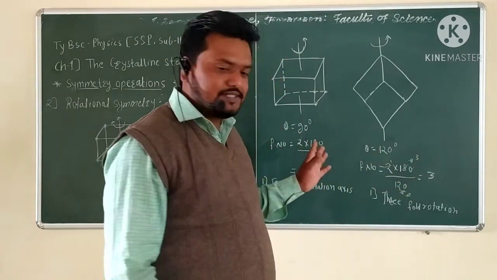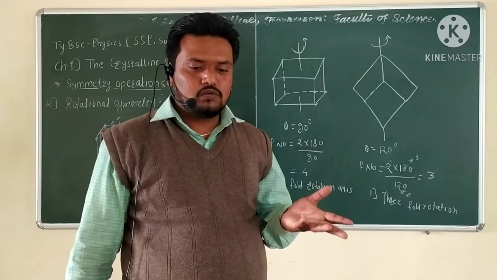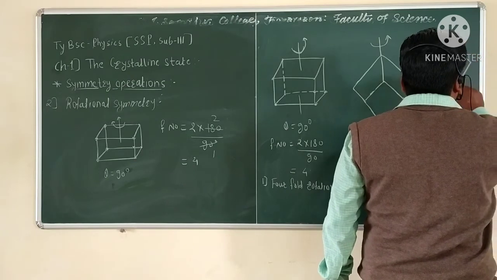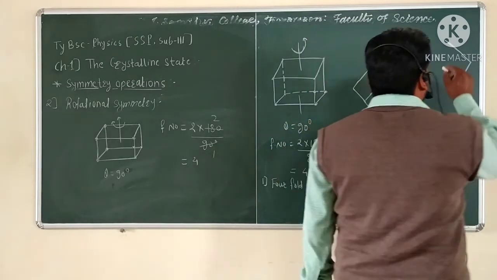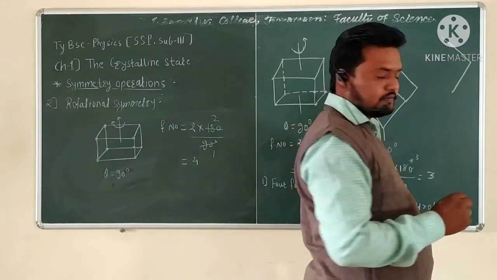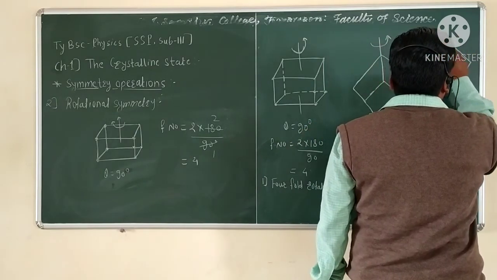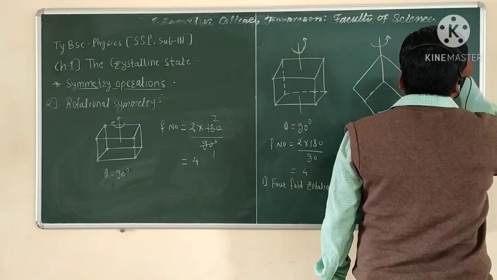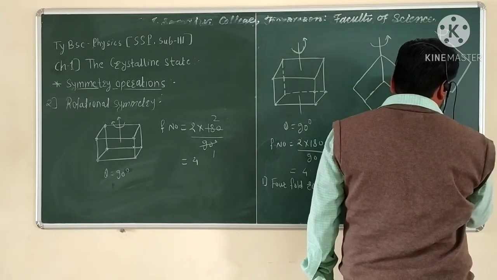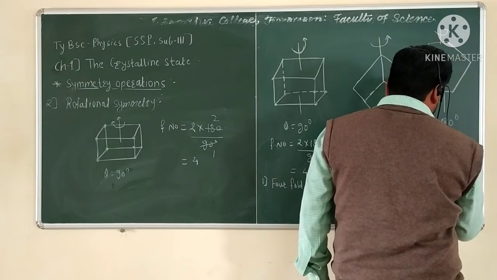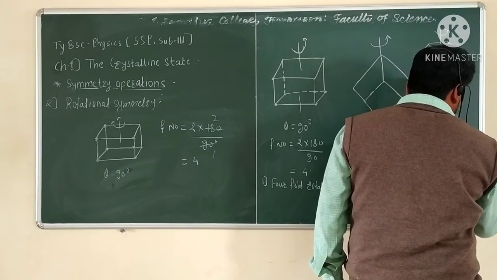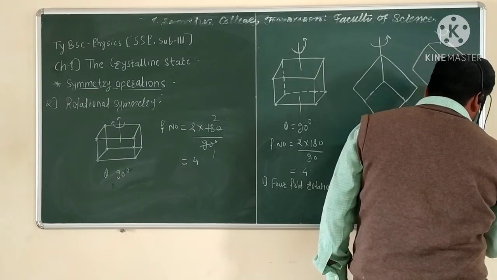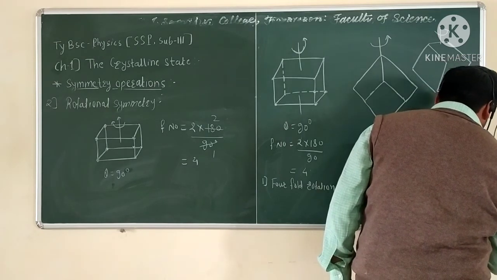And if we see this cube rotated by 180 degrees, that theta is equal to 180 degrees. So the fold number is given by 2 into 180 divided by 180, which is 2, so a two-fold rotation axis.